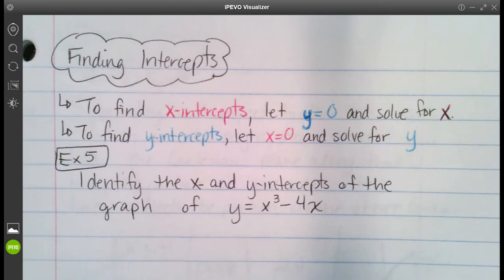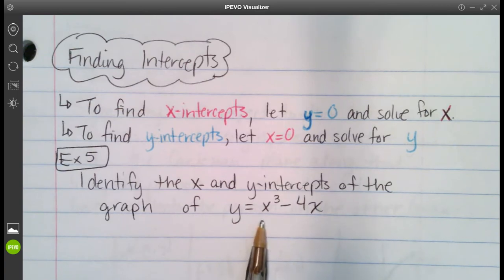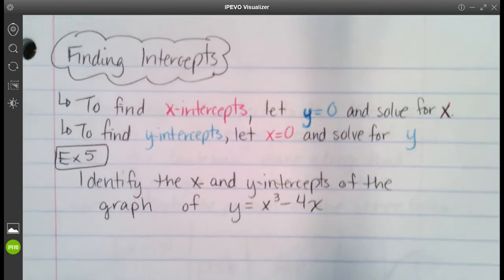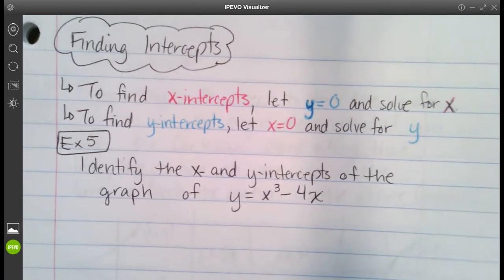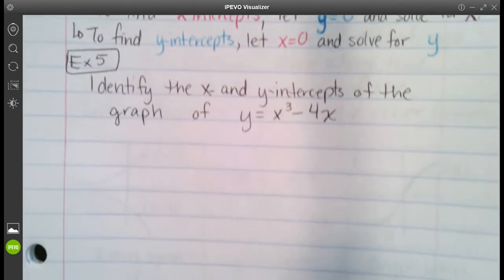Okay? So let's look at this example. It says identify the x and y intercepts of the graph of y equals x cubed minus 4x. So I'm going to go ahead and move this down just a little bit so we can see how this works.